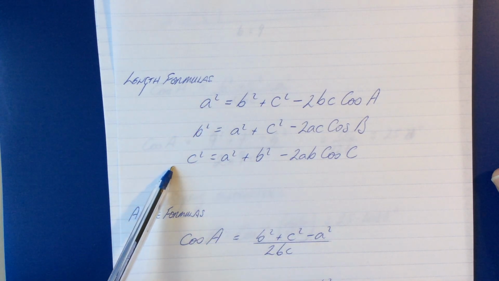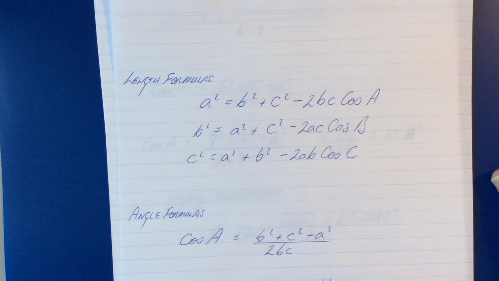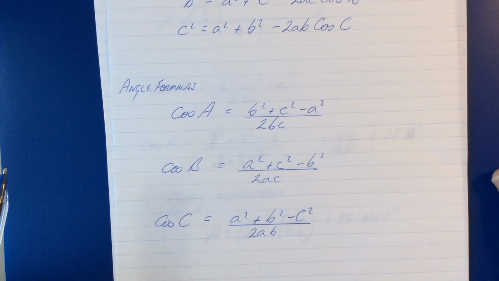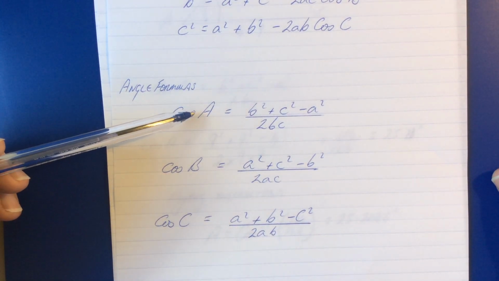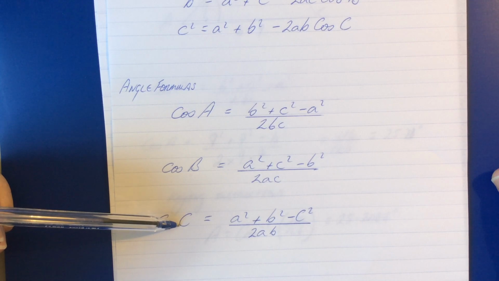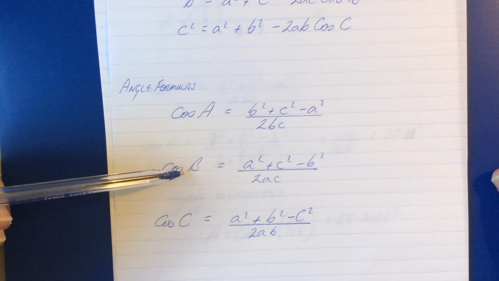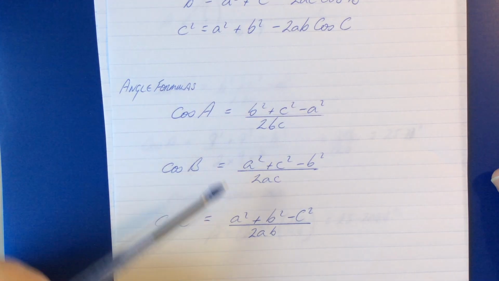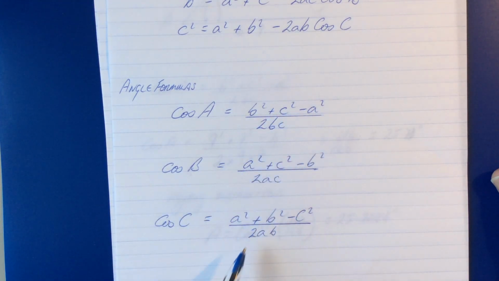So these are the length formulas. We're going to get into length in another video. These are the angle formulas. And we can find the cosine of each individual angle in a triangle. And you'll see that these formulas here are very slightly different.